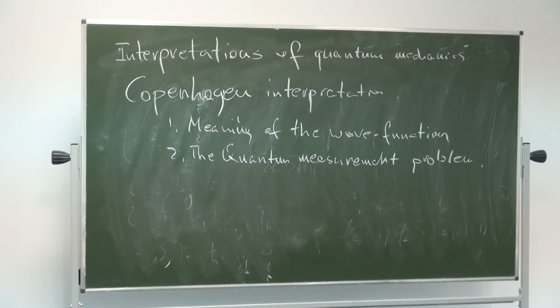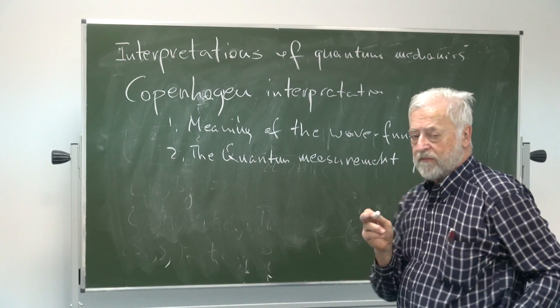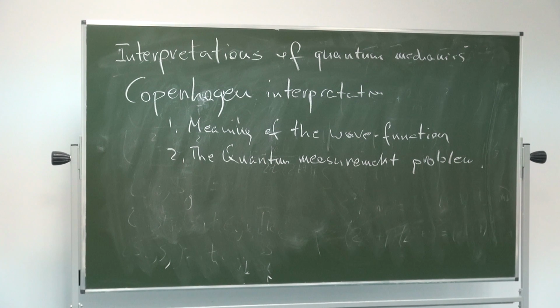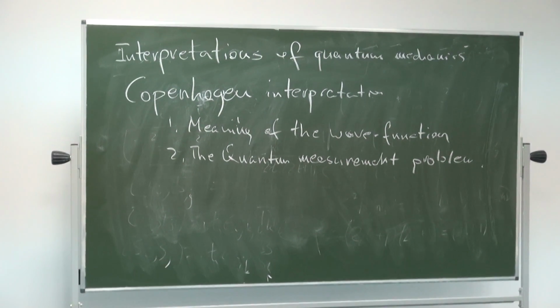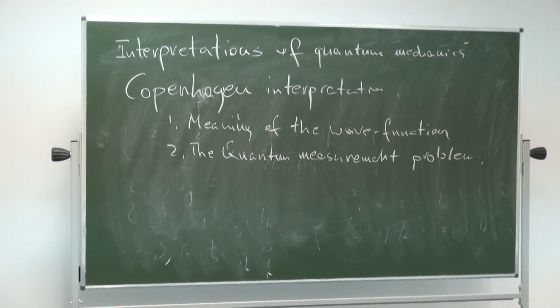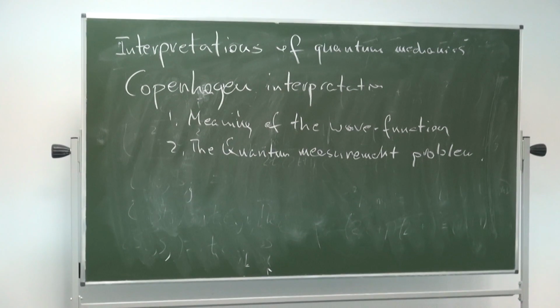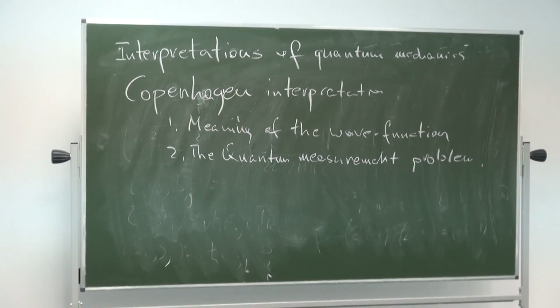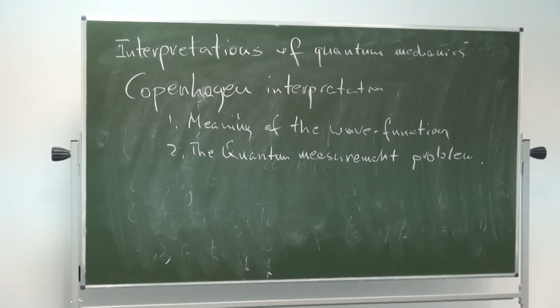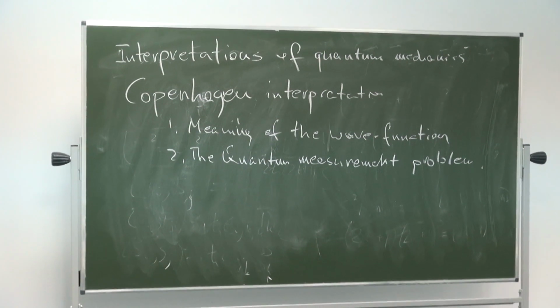And I think there are many processes and many experiments which are very hard to understand if one attributes some kind of element of reality to the wave function and does not treat the wave function as the set of information that we have. And I will give you one example, a kind of thought experiment, which I think is telling.